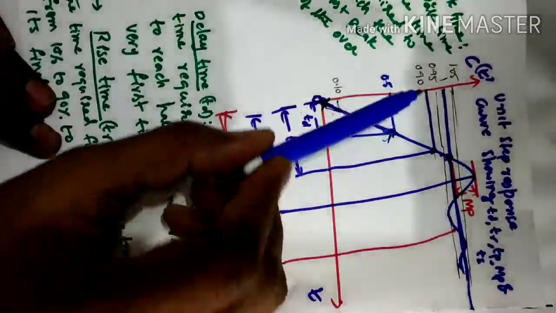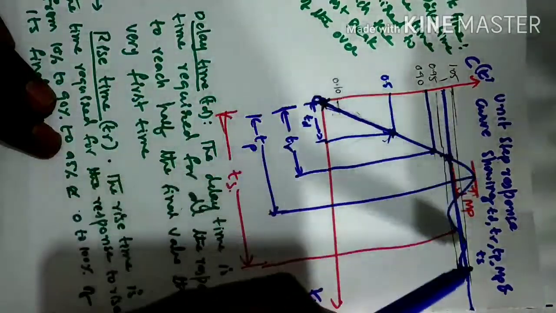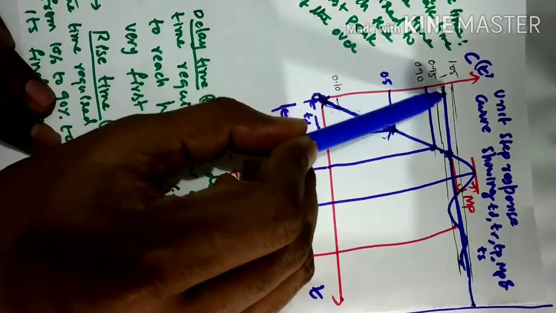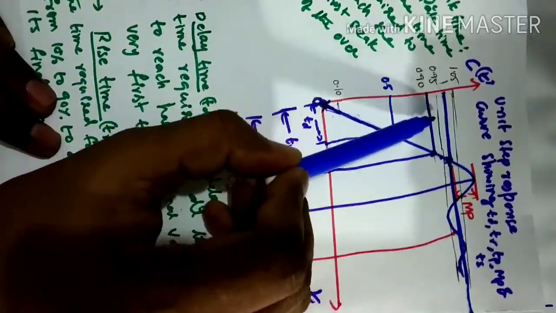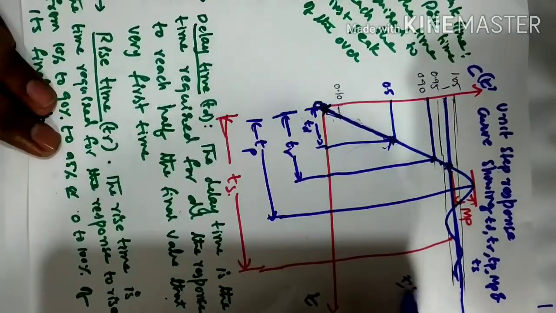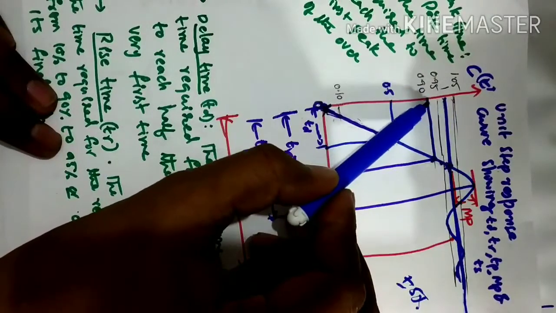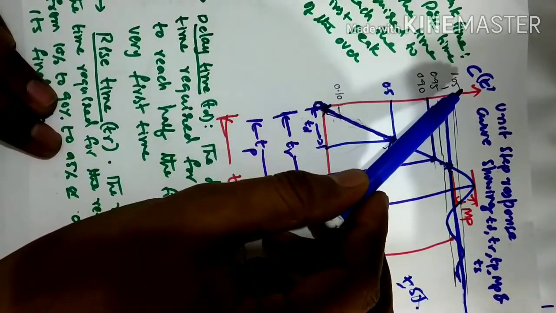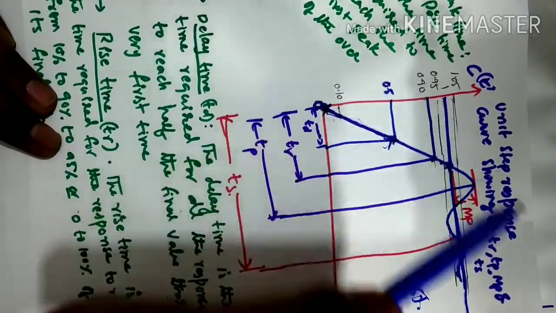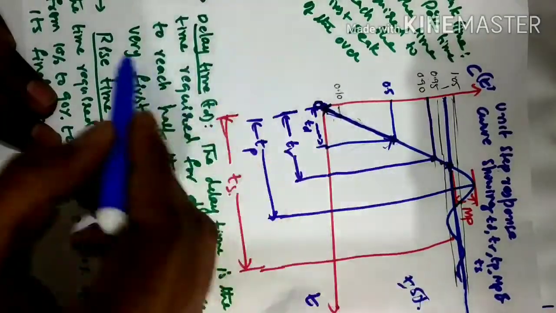You see that here the response is within a 5% tolerance. 5% means plus or minus 5%, so it is 0.95 below and 1.05 above. So what is the rise time?